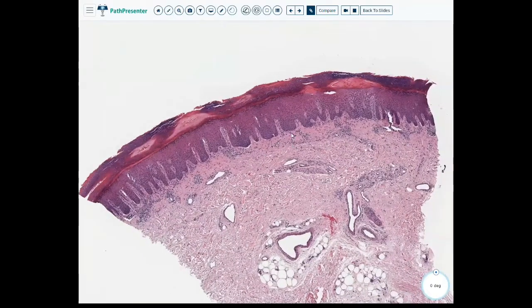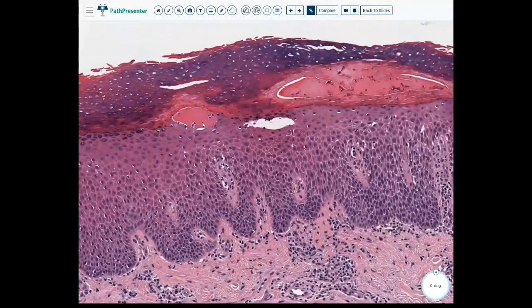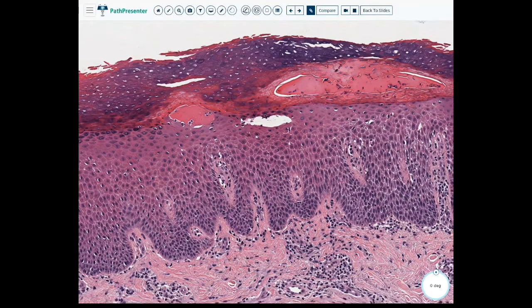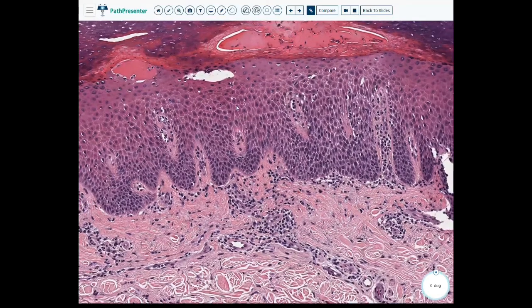Okay, and what we see is, yes, there is acanthosis, looks relatively regular. We do have some inflammation, most likely, within the superficial dermis, and there's something going on in the keratin layer, so let's zoom in. And what these are is microvesicles, a little bit of serum in there, some inflammation, and there is this very prominent spongiosis within the epidermal layer.